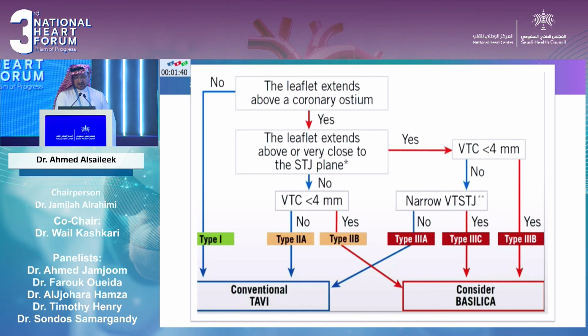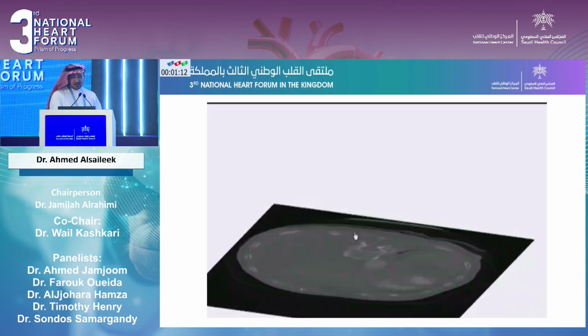If everything is small, you might consider BASILICA, or laceration of the bioprosthetic valve leaflets, just to make sure that there will be no obstruction of the coronaries. Or if everything is good and the size of the sinuses is good, the distance is safe, you can just do conventional TAVI, the same way we do in the native valve.